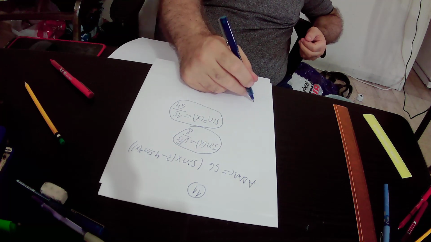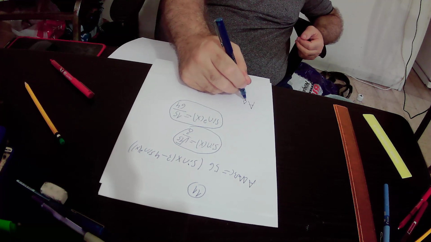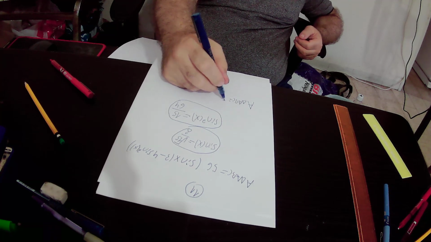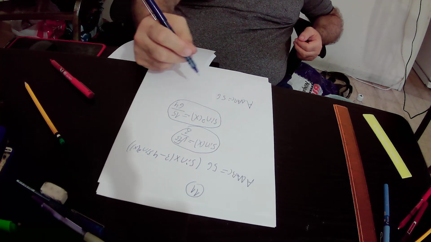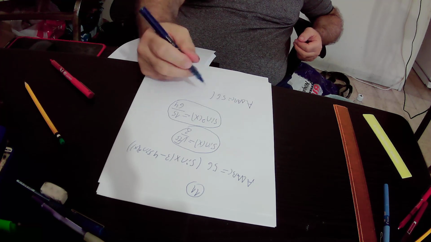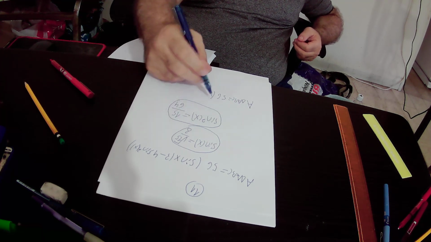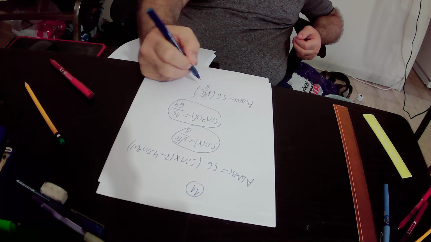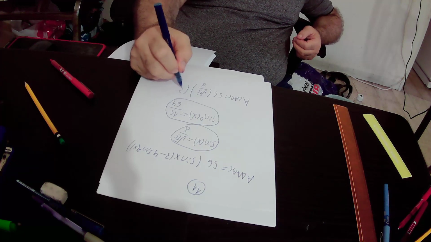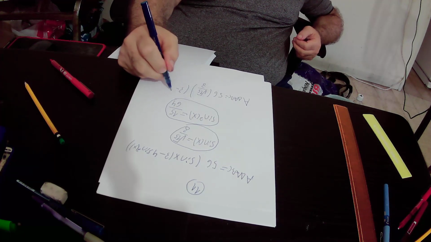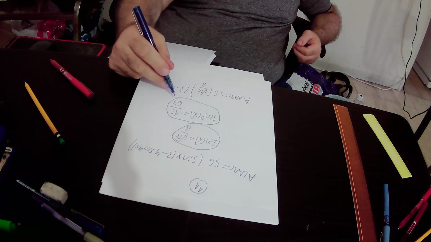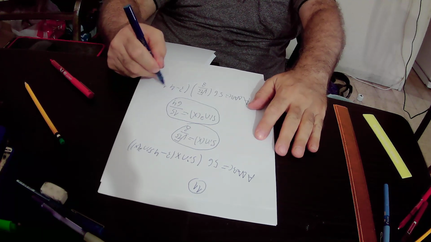Okay, so the area of triangle ABC equals 56 times sine x, which equals root 15 over 8, times 3 minus 4 sine square x, which equals 15 over 64.